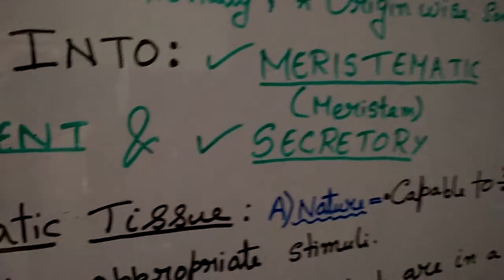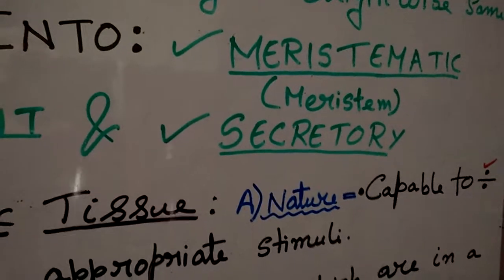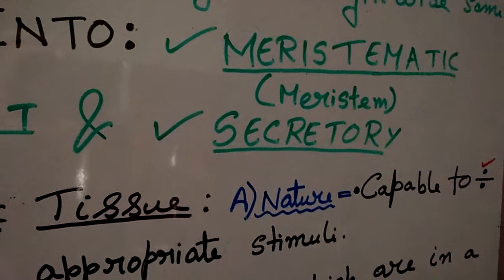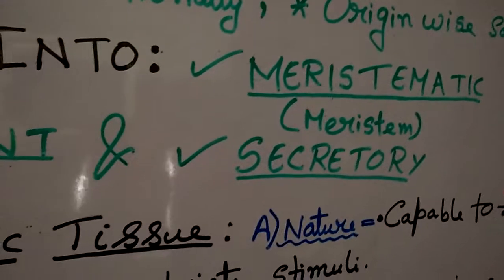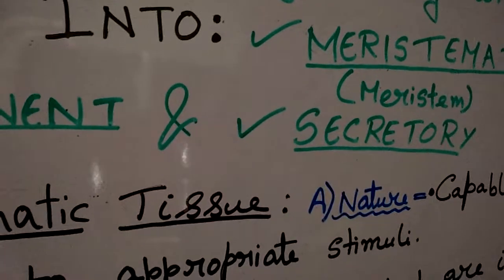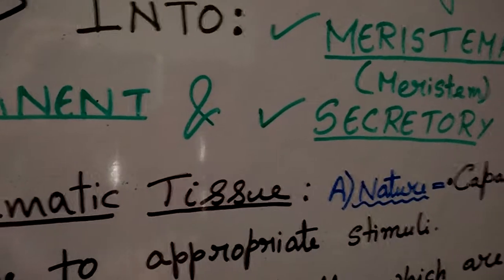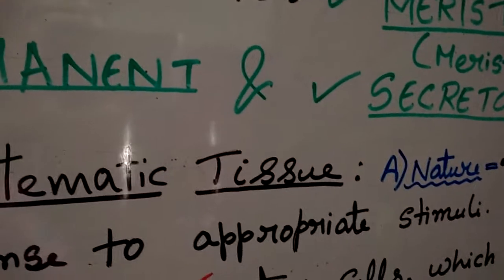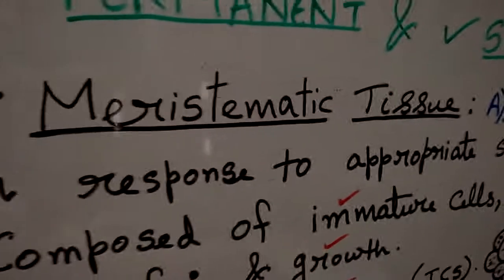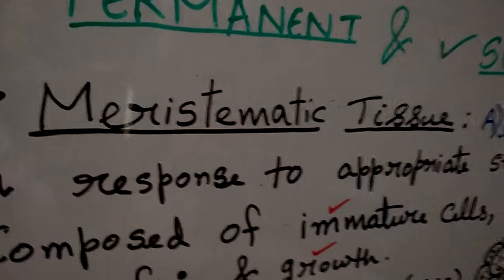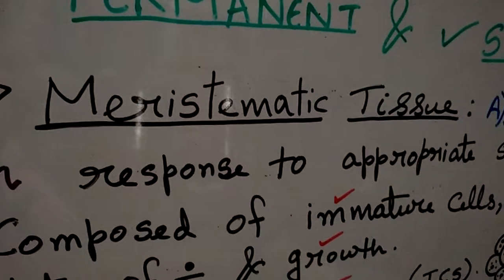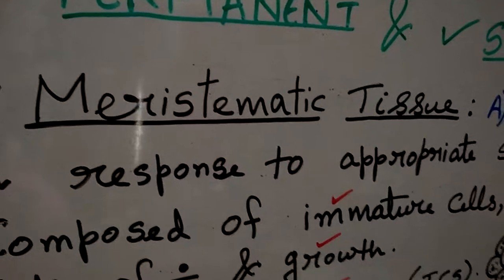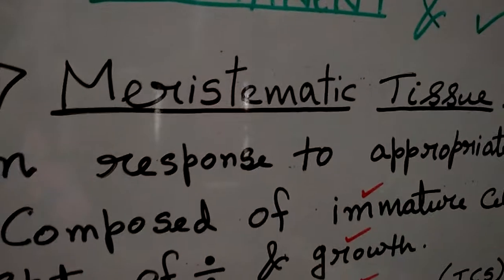And very slowly, very systematically, I'll take up all these topics in a very simple way, in a very sequential way. So don't get confused, don't get worried. Just focus on my video, and you can grasp this topic easily.